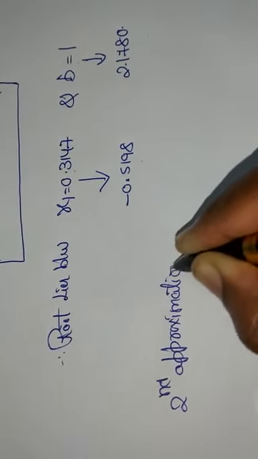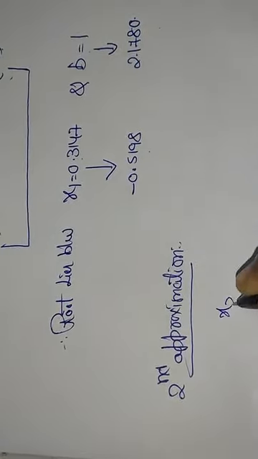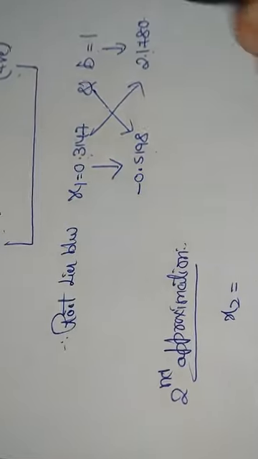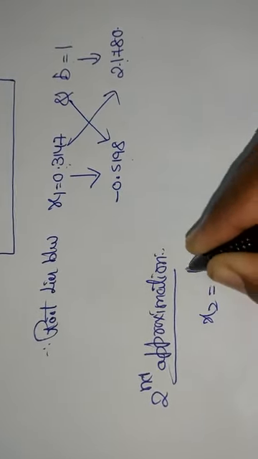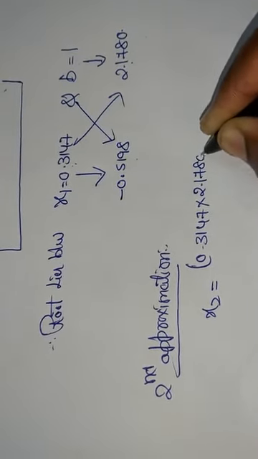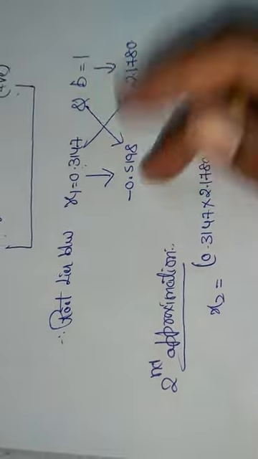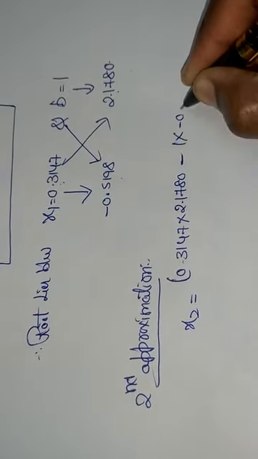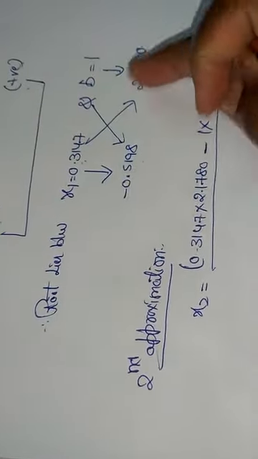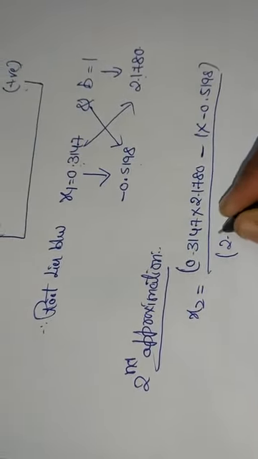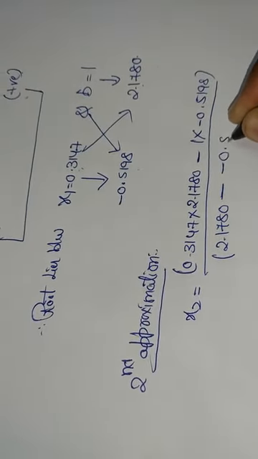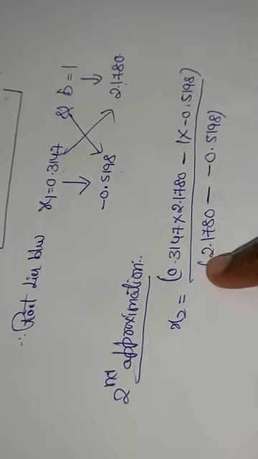The second approximation, x2, is equal to a into f of b minus b into f of a, that is 0.3147 into 2.1780 minus 1 into minus 0.5198, by f of b minus f of a, that is 2.1780 minus minus 0.5198. Are you clear with this one?